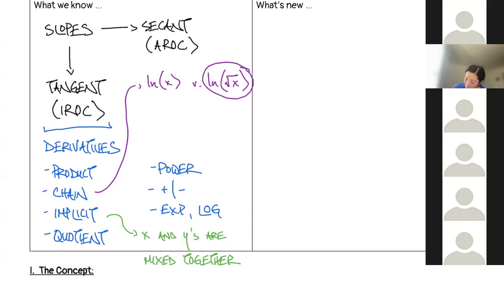Okay. What if we had cosine of pi x versus sine of x? Which one of those would I need to use chain rule for? Okay, I see one vote for the one on the left. Is that something that we all agree on?